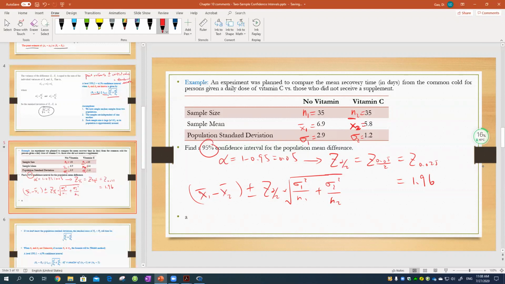So plug in. 6.9 minus 5.8 plus or minus 1.96 times square root of 2.9 squared over 35 plus 1.2 squared over 35. And then we can calculate the margin of error first using a calculator.